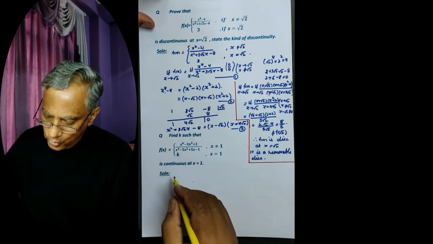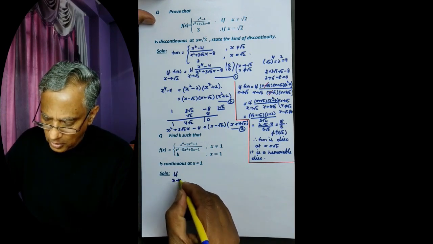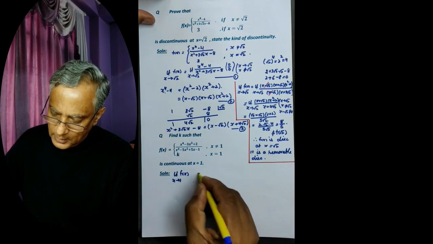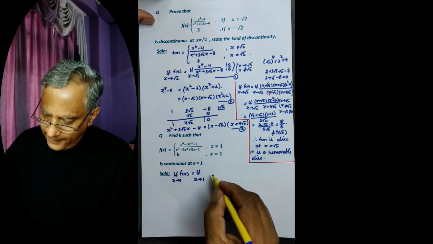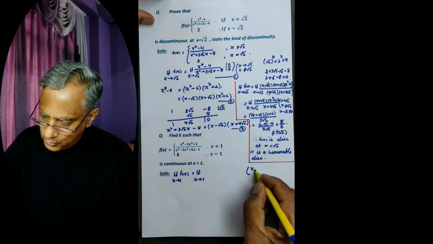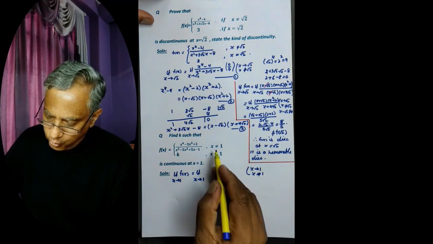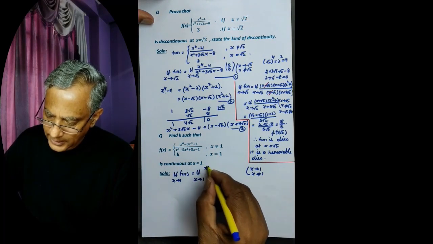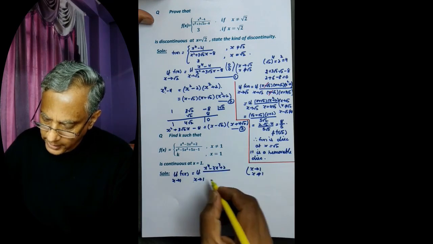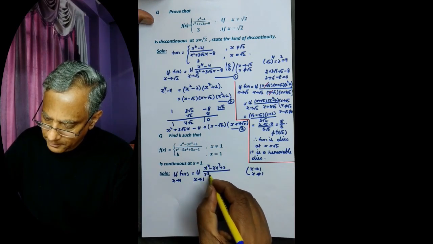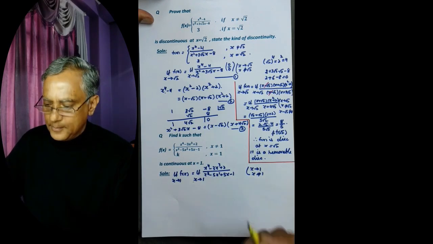So we first find limit x approaches 1 of f(x). Now as x approaches 1, x is not equal to 1. Therefore, this definition will be used. We will have (x⁴ − 3x³ + 2) divided by (x³ − 5x² + 5x − 1).